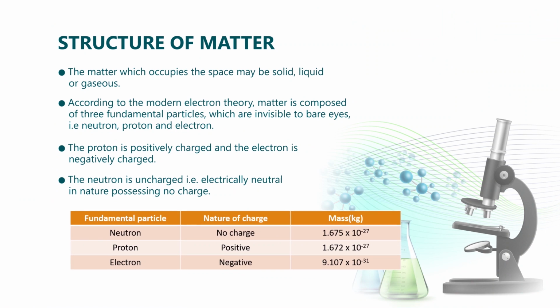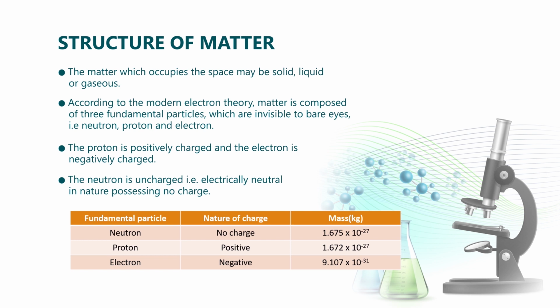The information about these three particles is provided in this table. There is the fundamental particle, then the nature of the charge and the mass. As I have told you, the neutron has no charge, it is neither negative nor positive. The protons are positively charged and the electrons are negatively charged.